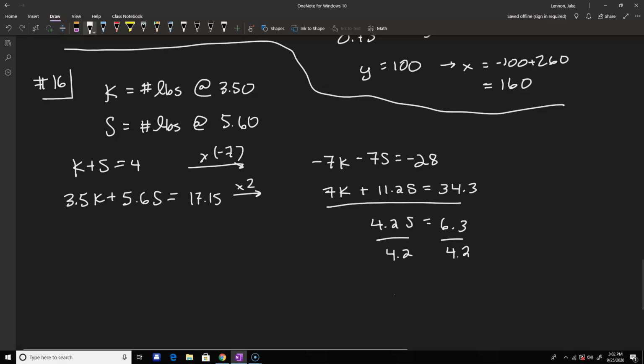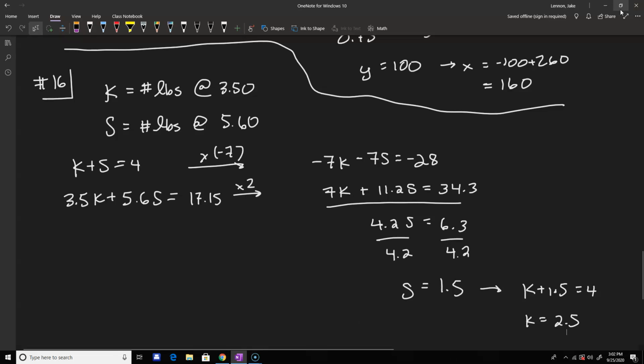But no, it comes out okay. So S comes out to 1.5 pounds. And then we know K plus S equals 4. So K plus 1.5 equals 4. So when you subtract, K is equal to 2.5. So we have 1.5 pounds of the Sri Lankan and 2.5 pounds of the Kenyan in the blend.